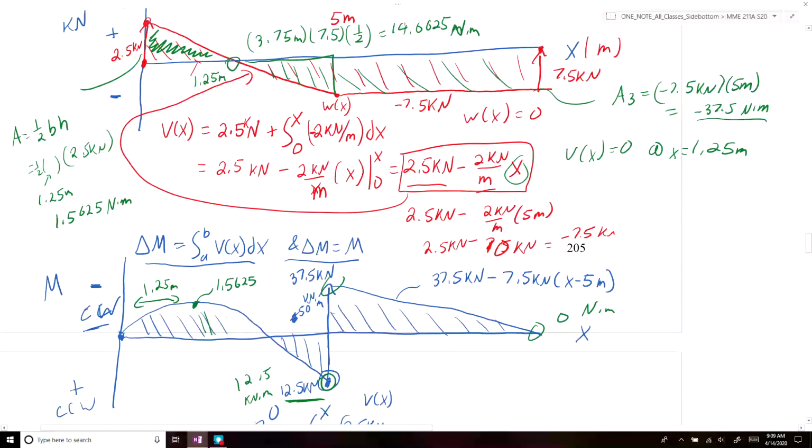All right, so if we integrate the distributed load, we would get our shear force. And then if we integrate our shear force, we would get our couple moment. And then similarly, if we took the derivative of our moment, we should end up getting our shear force, and if we take the derivative of our shear force, we would get our distributed load.